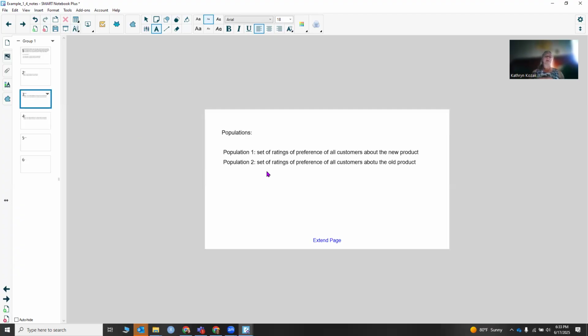So if I go back to my population, I have all these ratings of these preferences of these customers. And ratings, if I think back to it, that would be an ordinal variable because it's just putting things in order. It wouldn't necessarily have a number that's inherent to it.